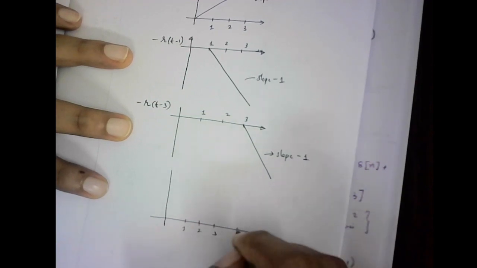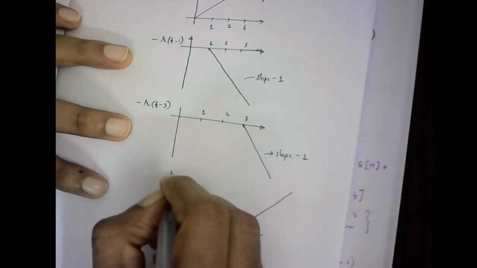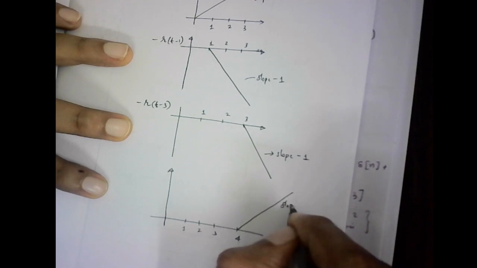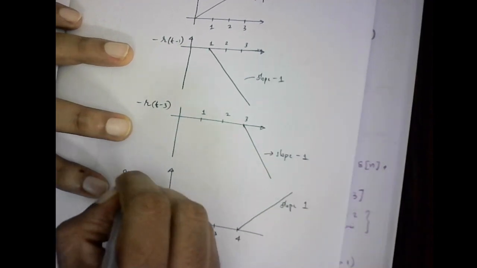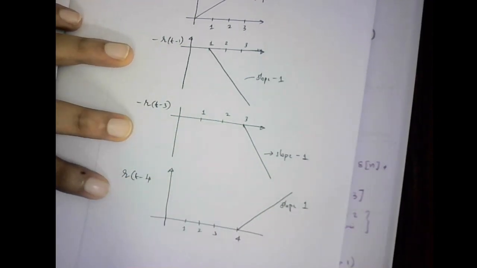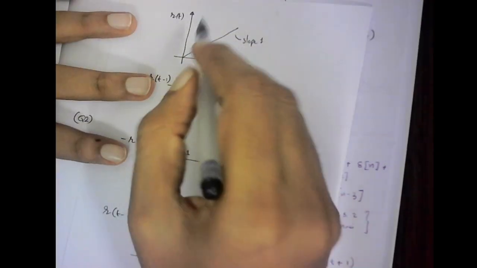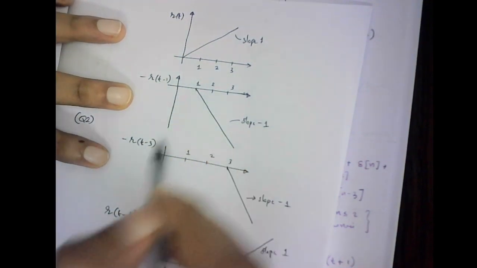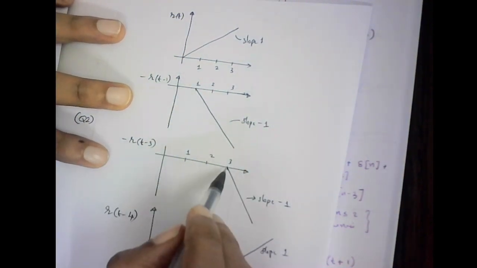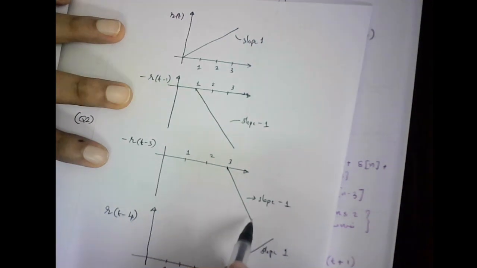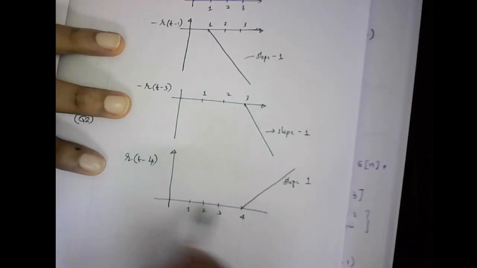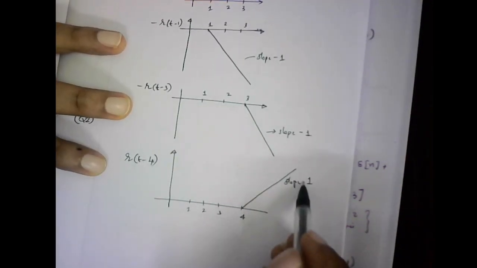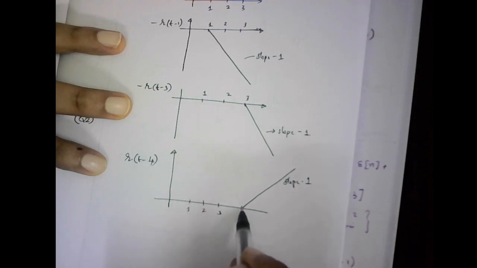At fourth instant you have positive slope. So slope is 1. This is r of t minus 4. Okay, so this is r of t, this is minus r of t minus 1, this is minus r of t minus 3, and this is r of t minus 4, slope is 1, from t is equal to 4 seconds.